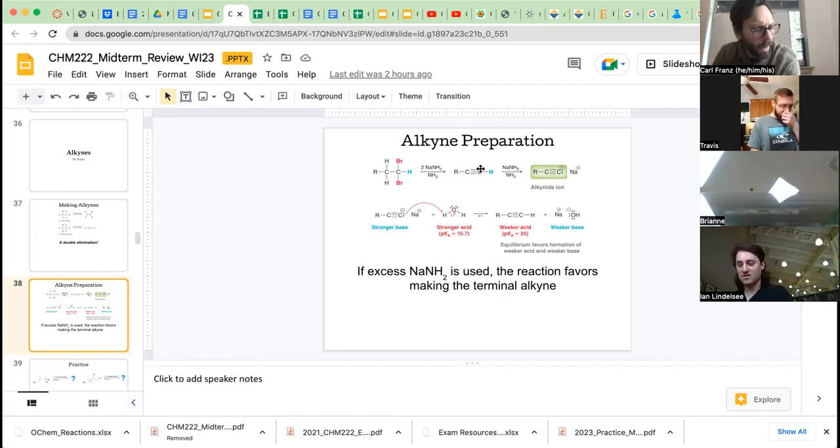So we are currently at the very bottom of page 5 on the practice midterm, and we're talking about making alkynes in the presence of excess sodium amide.